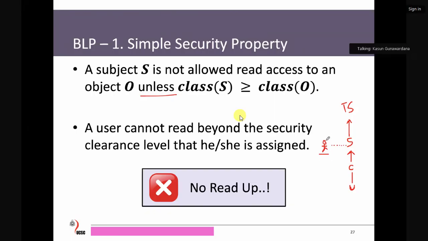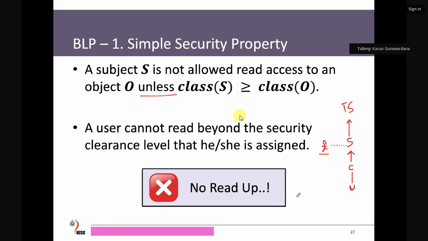However, the user will not be allowed to read a resource which is higher than the user's security level. That is the idea. A user cannot read beyond the security clearance level that she is assigned. So the user will not be allowed to read anything beyond his or her clearance level.